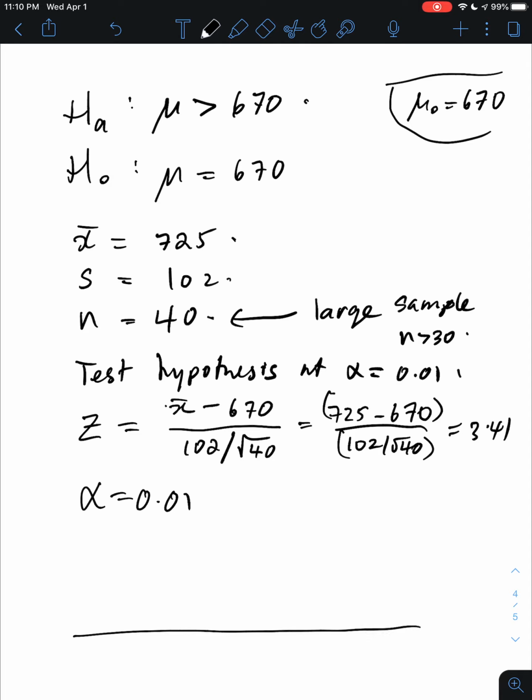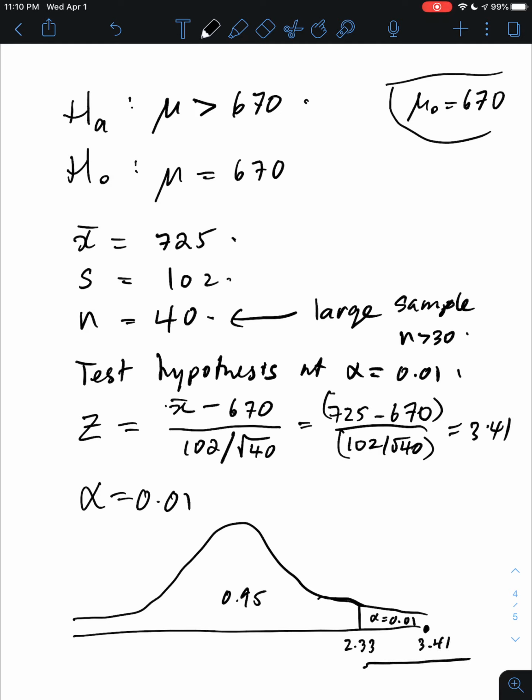The situation is exactly like the drawing I made in the previous, but let me do it again. Anyway, it's something like that. Here is 2.33. There is alpha equals 0.01, and this is 0.99 probability there. And so our test statistic is at 3.41.